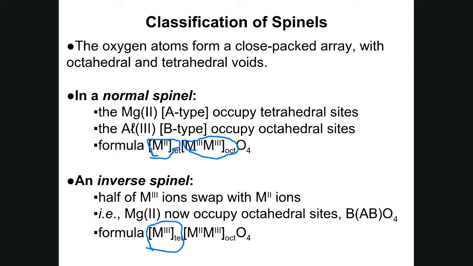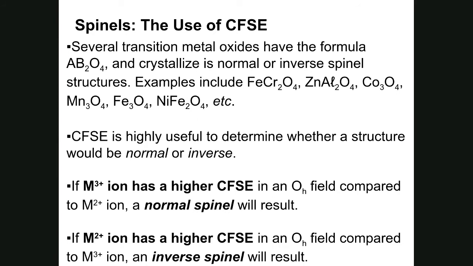And you can easily use crystal field theory terms to decide which type of spinel it is, or where each ion is going to go. I will demonstrate that as we progress. Just to put things into context, spinels are represented by the AB2O4 formula, and they can be normal or inverse spinels.